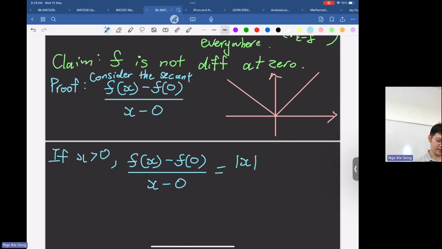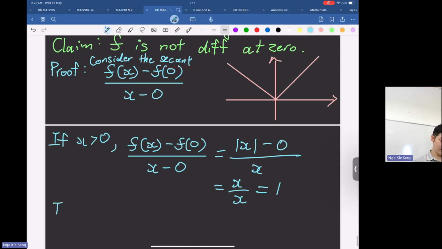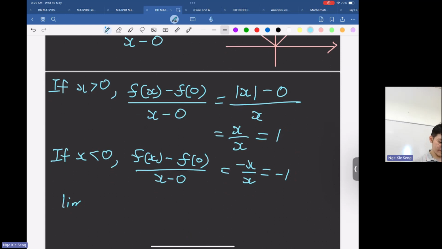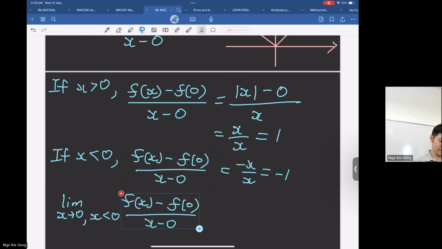This is absolute value of x minus 0 over x. But when x is greater than 0, it is just x over x, which is just 1. And if x is less than 0, you get minus x over x, which equals minus 1. So if you take the limit x to 0 from the left-hand side of this secant function, you will always get minus 1.